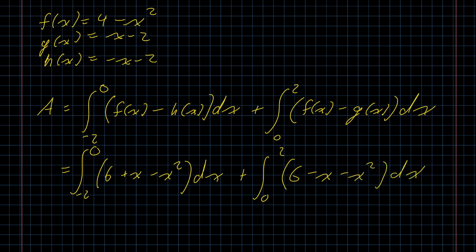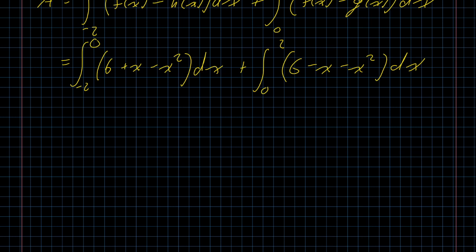All right. Once again, there is a symmetry argument you could make here. The figure that we are studying is symmetrical about the y-axis. So if we just did one of these integrals and then doubled it, we would get the area that we need. But I'll take the time to work out both because it doesn't take that much effort.